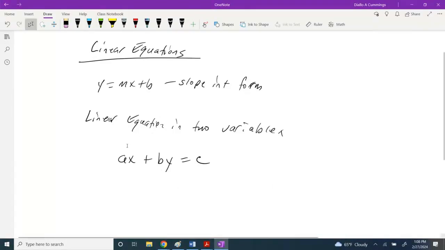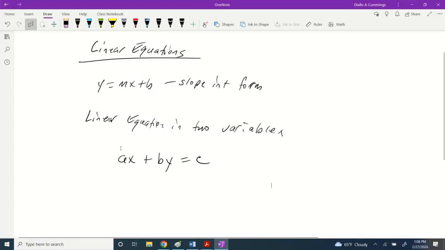What makes this a linear equation is that there are only two variables, an x variable and a y variable, and the powers on the variables are raised to no more than the first power.